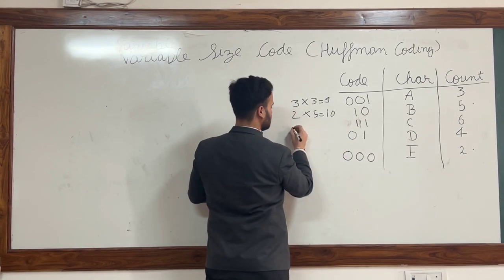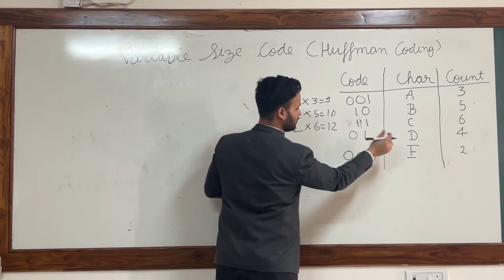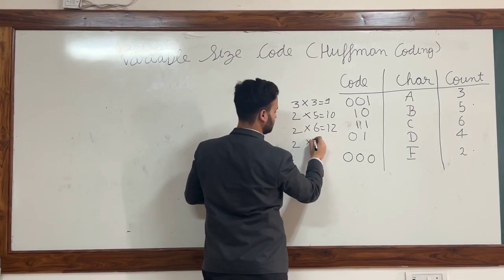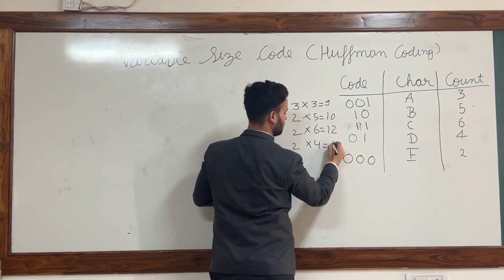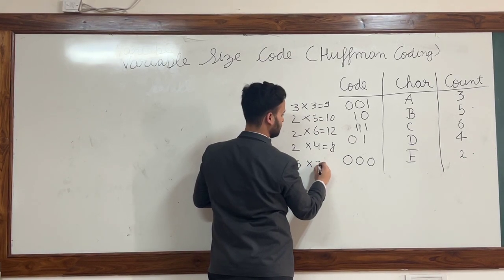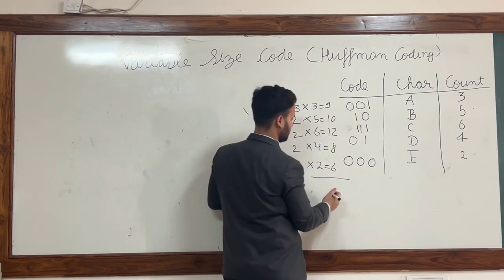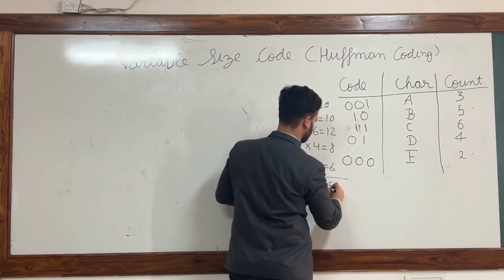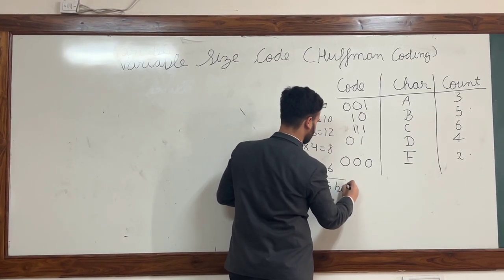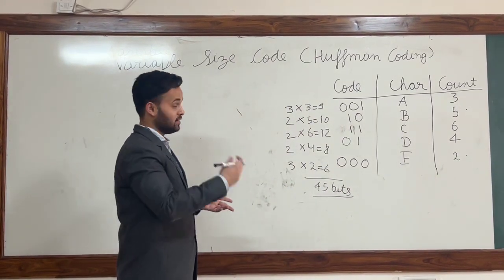This one 6 times. This one 4 times. This one 2 times. So in total this is 45 bits. That is the size of our encoded message.